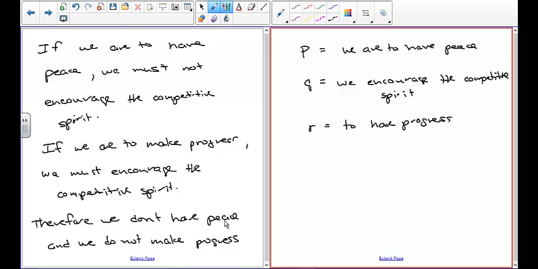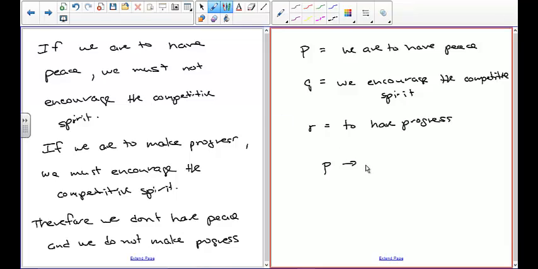So now we need to create the corresponding logic statements for both the premises and the conclusion. So we're going to write premise 1, premise 2, conclusion. So the first one's an if-then statement. So it's if P, then, if we are to have peace, so that's P, we must not encourage.